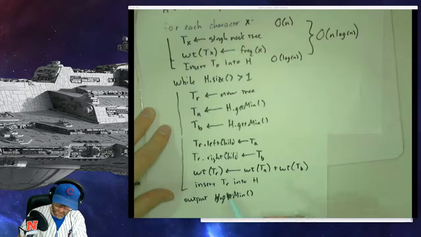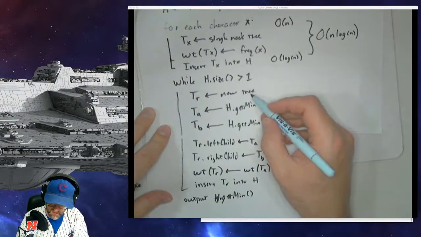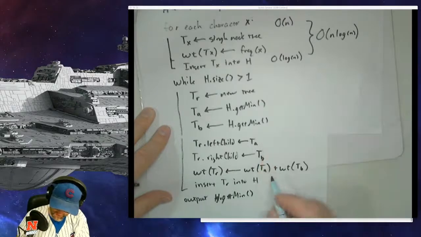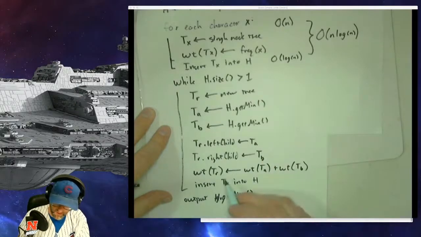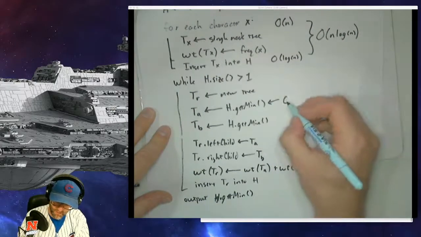Right? So each one of these could be your elementary operation if you want, but the most expensive thing here, they're probably not creating a new tree node. That's just creating a new object. These are just references. This is just a plus right here. The real work is being done in the heap, right? This is going to be order log n.